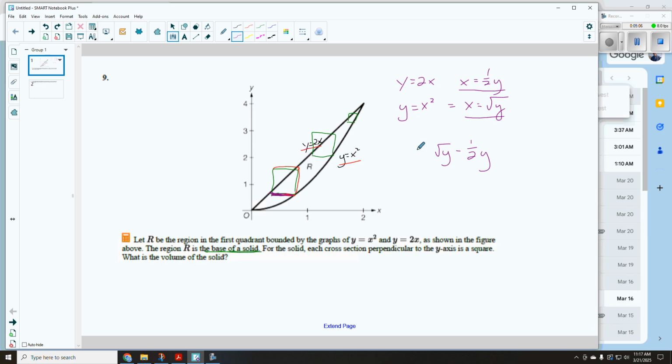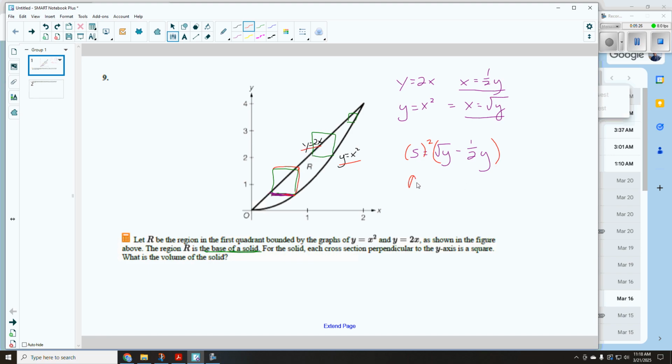That's what each side is equal to. And so when I want to find the area of each of these squares, I'm just going to square a side.